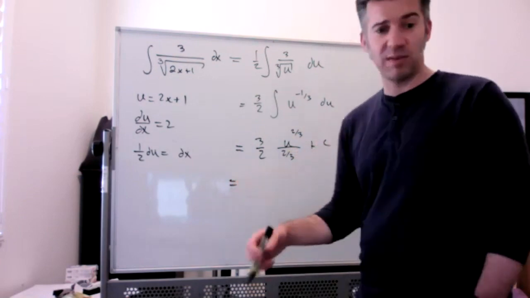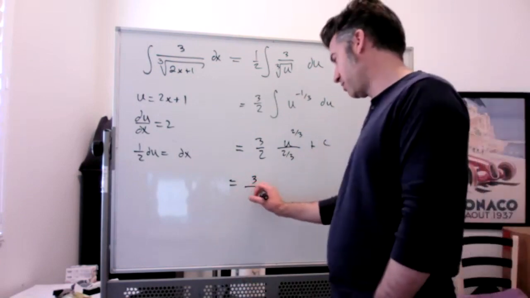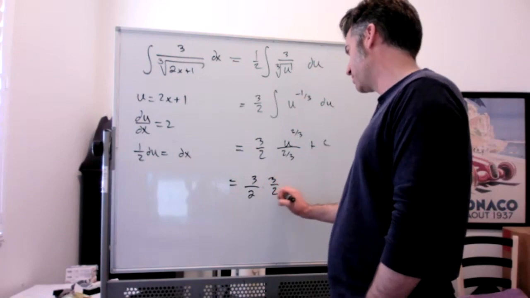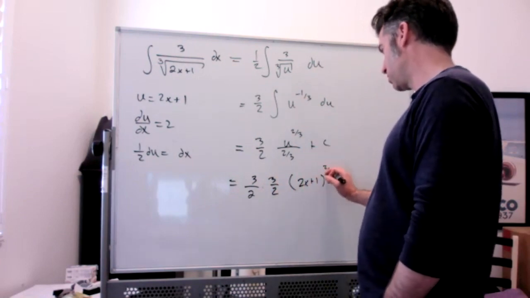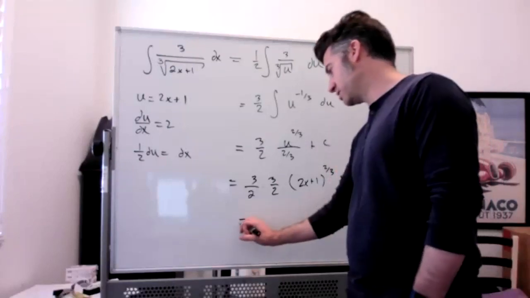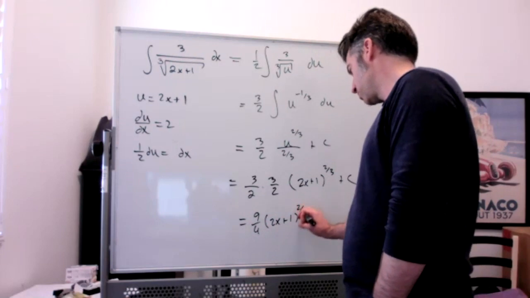Dividing by 2/3 is the same as multiplying by the reciprocal. I thought this was going to cancel out when I set it up, but I got it backwards. It's 3/2 times 3/2 times u, which is 2x plus 1, to the 2/3. So this is 9/4 times 2x plus 1 to the 2/3.